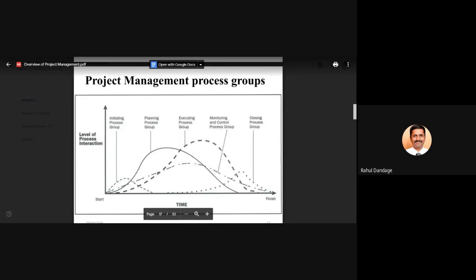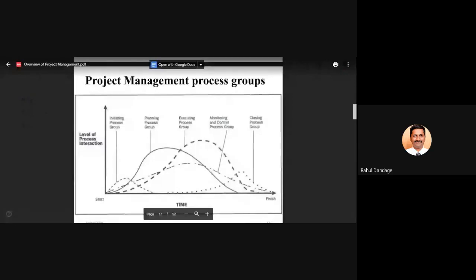As the execution is coming to an end, the closing process group's interactions go on increasing, and then after a certain point they go on reducing. And when the project is at the final finishing stage, the closing process group's interactions also come to 0.